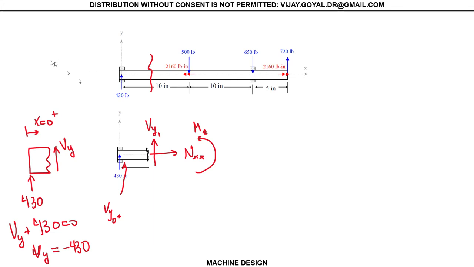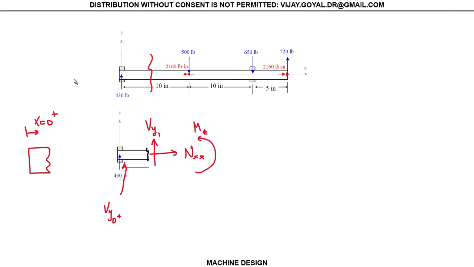Now let's go find Nxx. Nxx doesn't have any loads. Since it doesn't have any load, even if I did apply any load, it is 0. So you know that Nxx at 0 plus will be 0. Okay, so that's the value that would be right there.